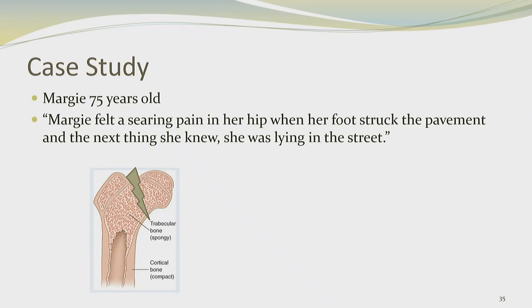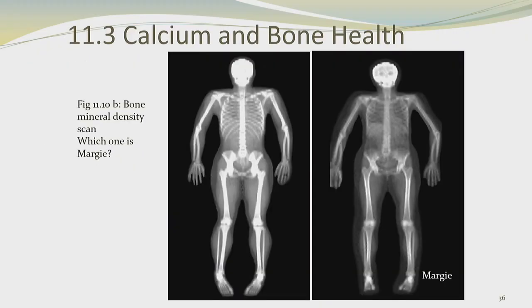Okay, so we'll come back to slide 35 as we go on and try to understand what might be happening with bone loss and how osteoporosis is developing. So these are bone scans that are produced by a special X-ray method called the DEXA. We may have heard about DEXA, dual energy X-ray absorptiometry.